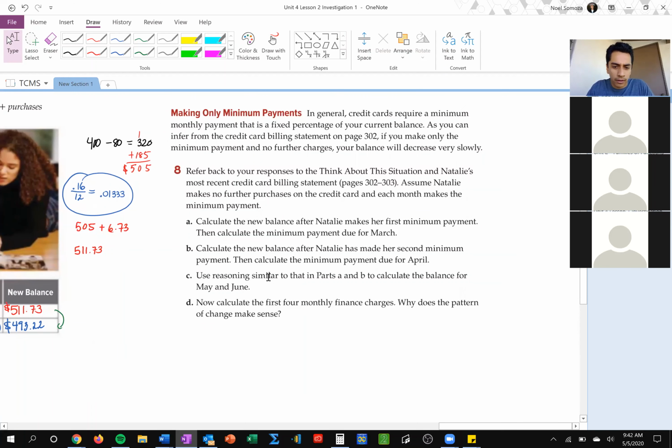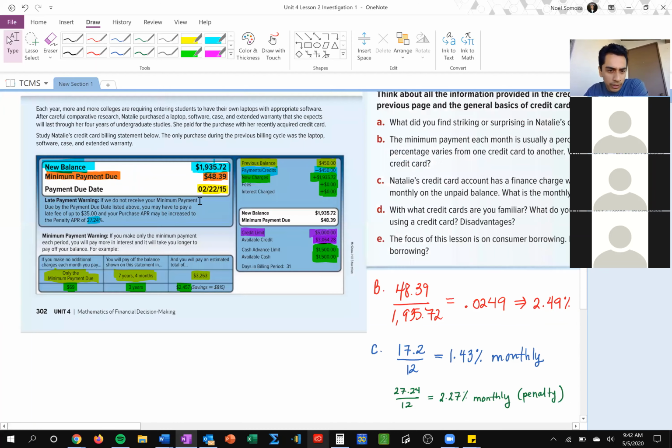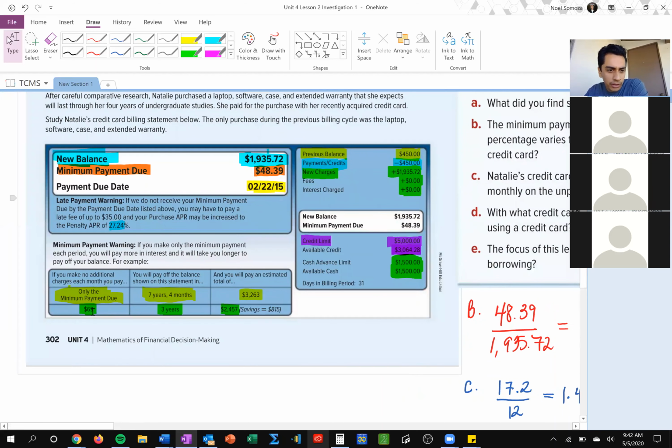Okay. All right. In general, credit cards require a minimum monthly payment that is a fixed percentage of your current balance. As you can infer from the credit card billing statement on 302, if you make only the minimum payment and no further charges, your balance will decrease very slowly, right? And we talked about that going back over here, right? They give you a projection: if you start with a balance, let's say 1,935, and you're only making minimum payments of $48, it's going to take you about 7 years to pay that off.